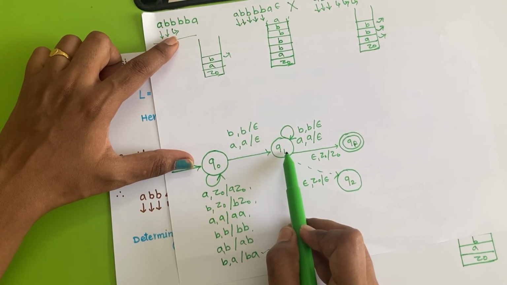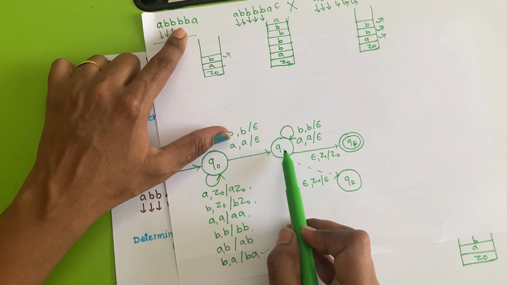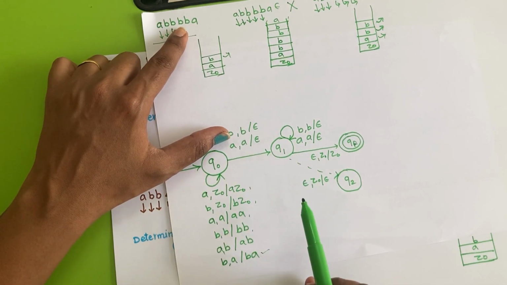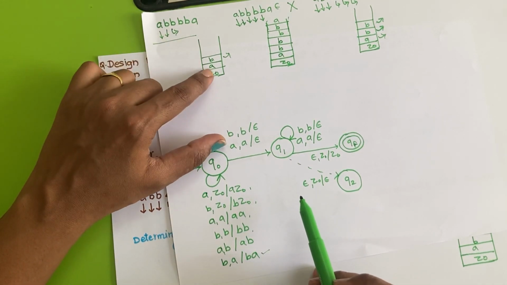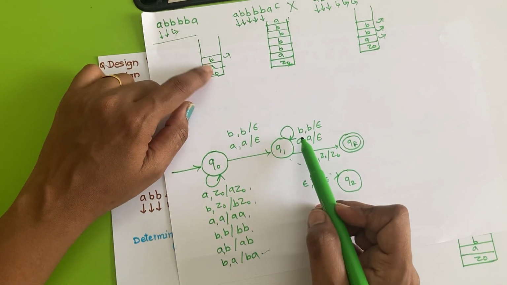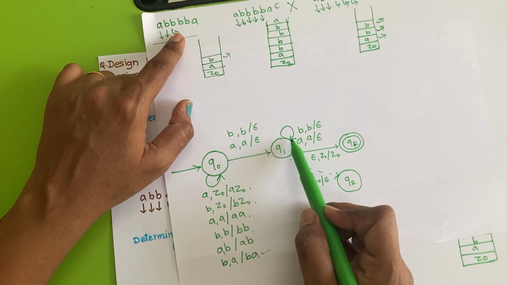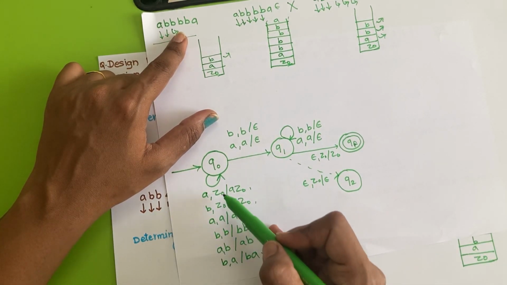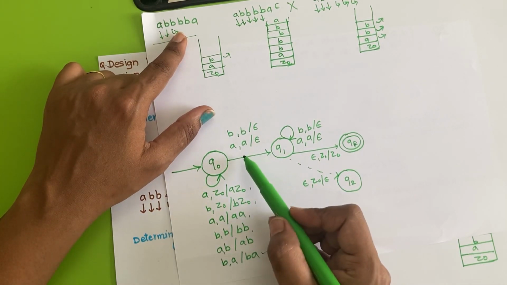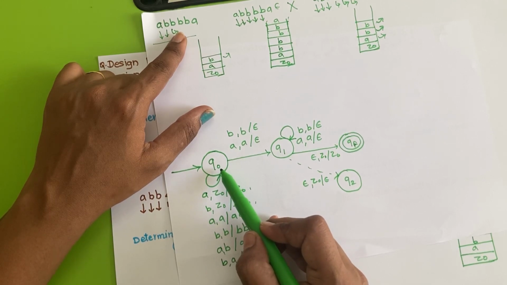Now we are at state Q1 and the next input symbol is B, and at that time we have the top of stack as A. But here we don't have any transition to perform push operations, because we performed push operations before, at the Q0 state only.